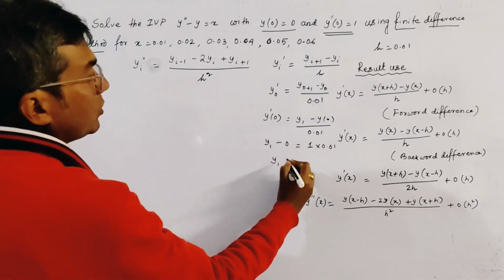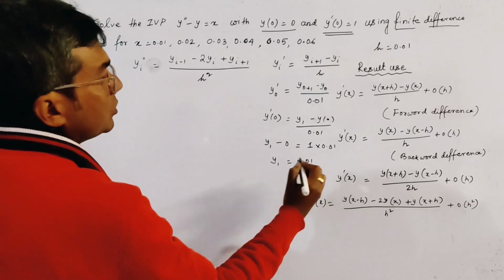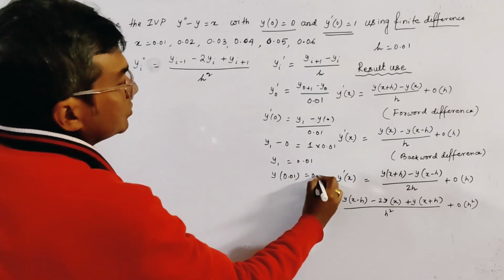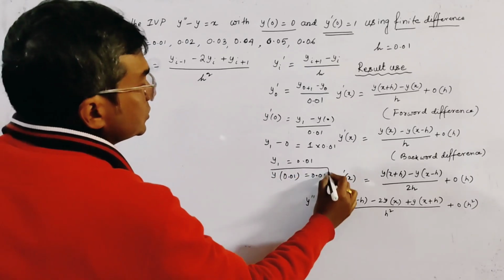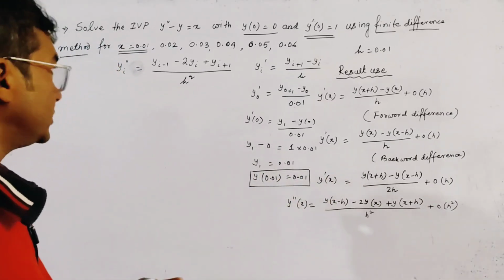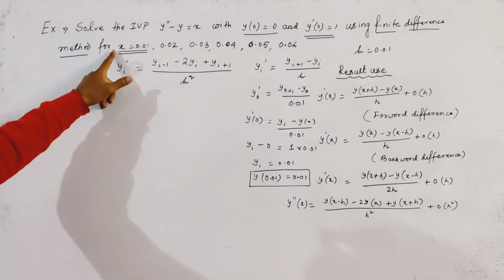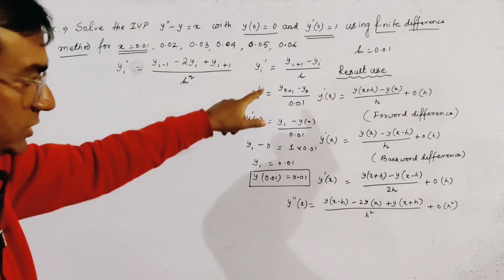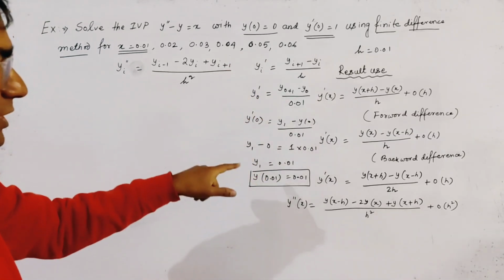So we get y1 equal to 1 into 0.01, that is y1 equal to 0.01, this means y of 0.01 equals 0.01. So we get the value of y at the point x equal to 0.01 very easily from this approximation.